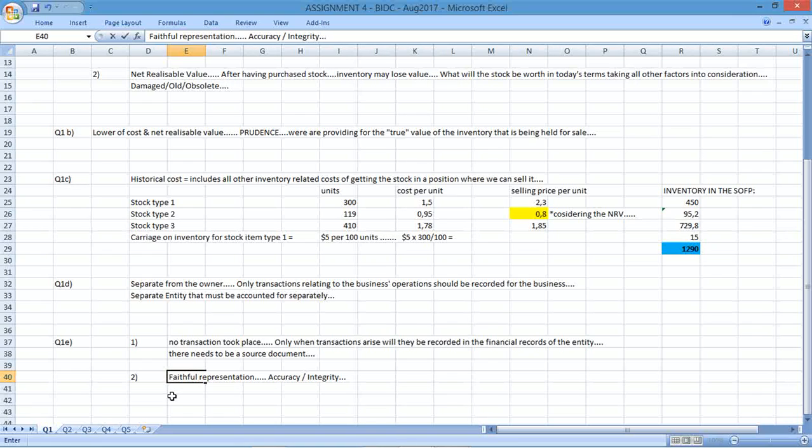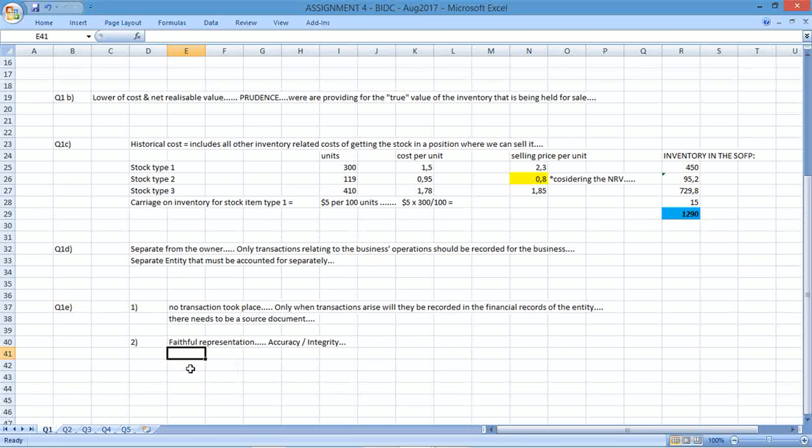So why does the owner not record the sale, and which concept have you applied? Well, we're looking at recording things as and when they arise, not when we think someone's going to buy something. So we can't record someone's opinion. We can't do that. We need to record facts.